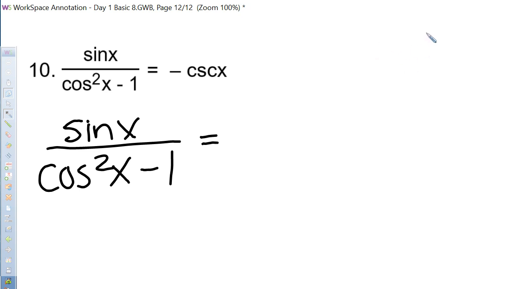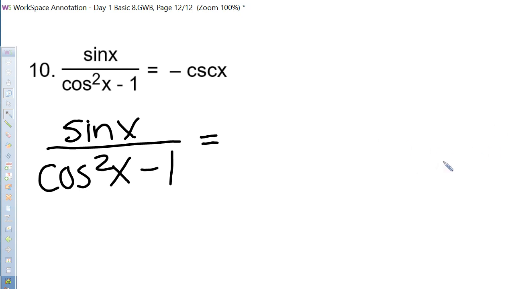Sine squared plus cosine squared equals 1. I want to have a cosine squared minus 1, so I'm going to subtract 1 from both sides. So sine squared plus cosine squared minus 1 equals 0. And I want just cosine squared minus 1, so what should I do next? Subtract sine squared.